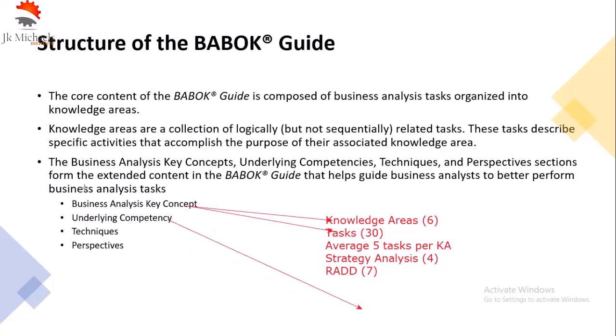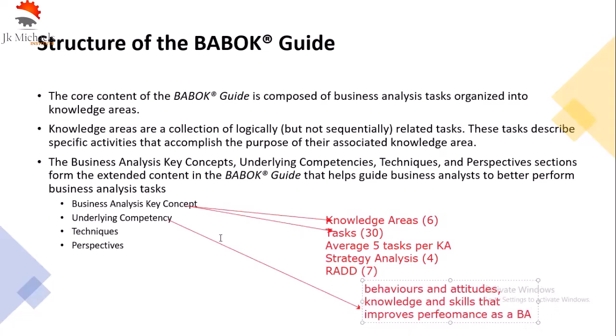Underlying competencies are linked to behaviors, attitudes, knowledge, and skills that improve your performance or standing as a BA, right? So this is clear. We have this knowledge, skills, behaviors, and attitude that will help you.